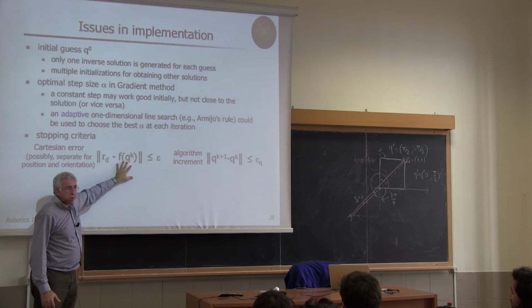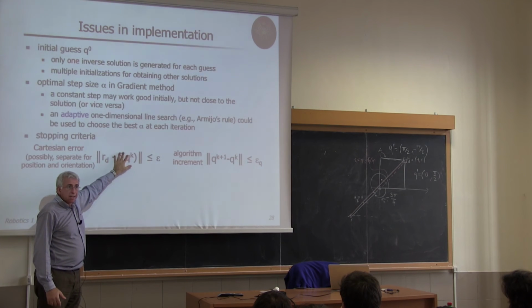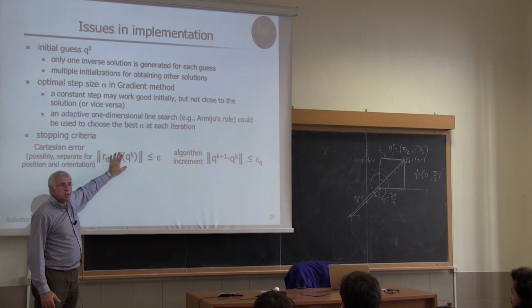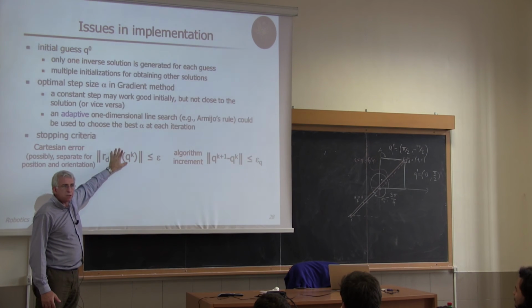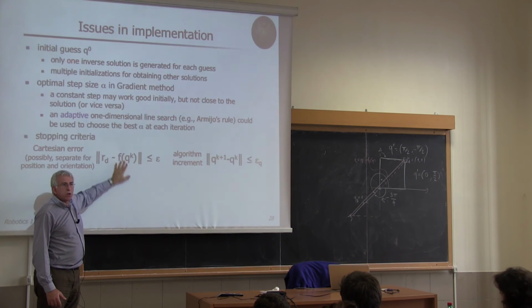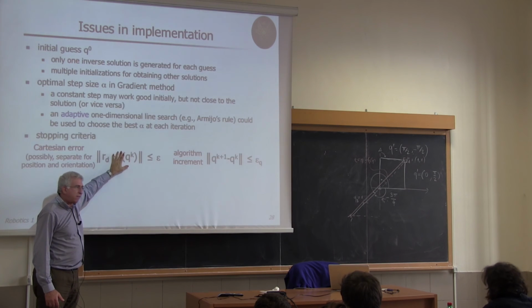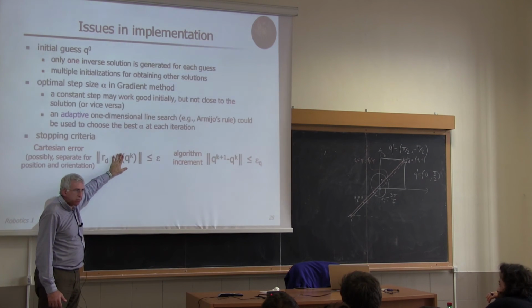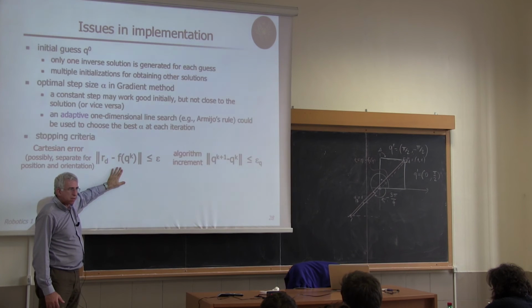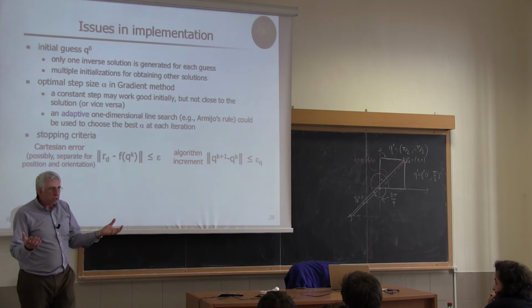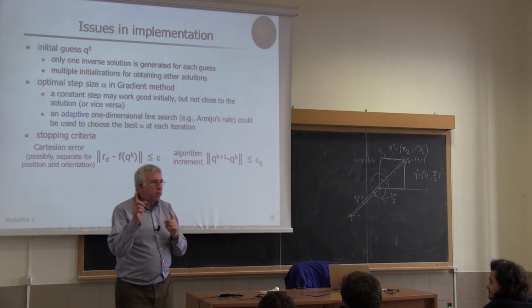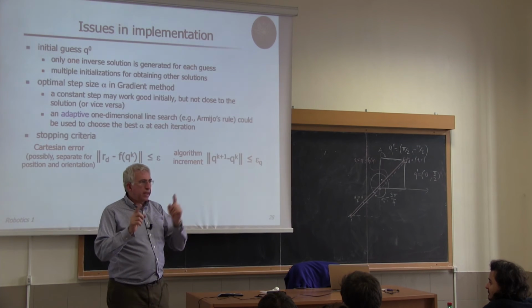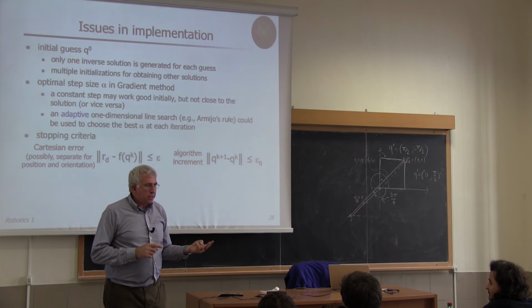Okay? Now pay attention. This is a norm of a vector. In general, the components of this vector have different units, because if you have linear quantities and angular quantities, you may have, let's say, meters or centimeters and radians. Now, these are apples and oranges. You cannot say, I'm away 1 centimeter and, let's say, 2 degrees.